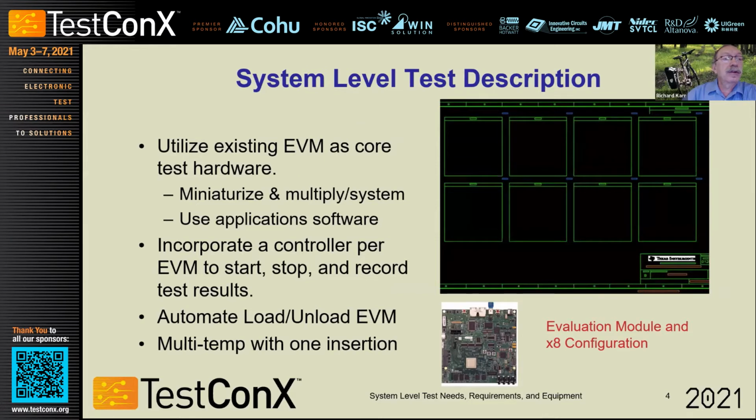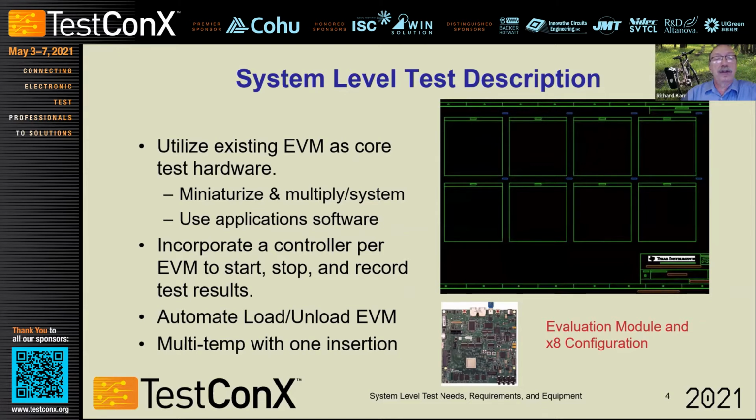So our vision of the SLT machine was to use that same device evaluation module as the core of the test hardware, because we already have proven its capability to adapt and identify customer returns quickly.